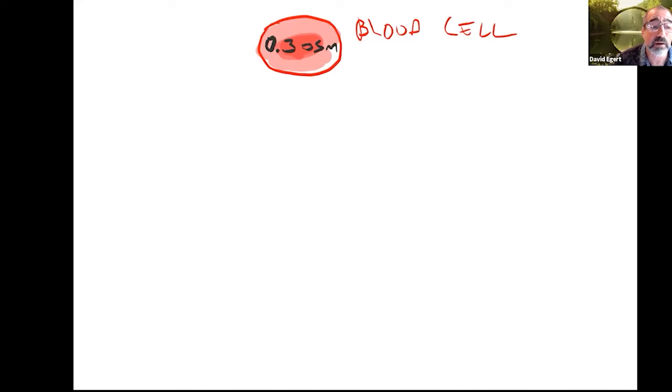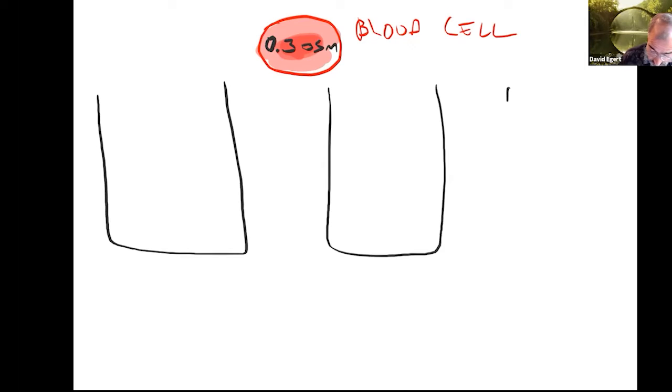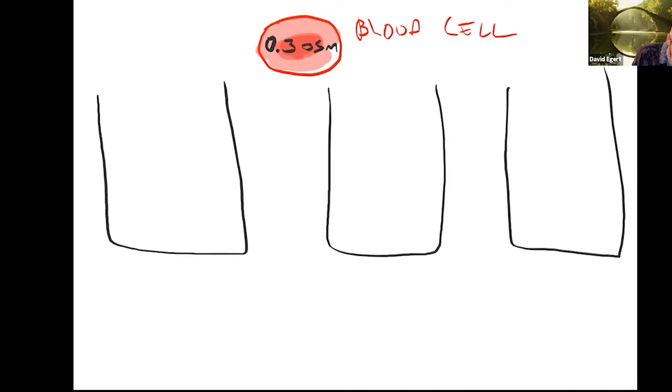So let's think about putting this blood cell in different kinds of solutions. I'm going to have 3 cases. I'm going to have one where I'm putting it into distilled water, one where I'm putting it into 0.3 osmolar, and one where I'm going to put it into something that's 0.6 osmolar.